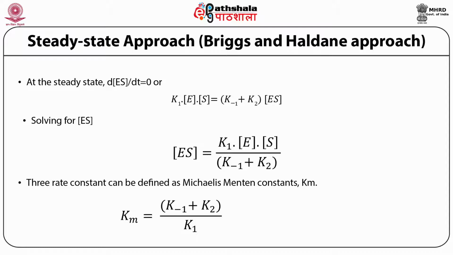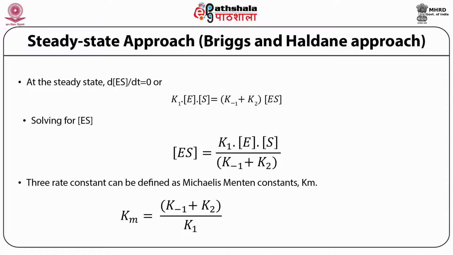because as per assumption K minus 1 is very much greater than K plus 2. But here in the steady state approach, we are saying that K plus 2 is more than K minus 1, but still we are taking K minus 1 and K plus 2 both. So why are we taking K minus 1 here but not taking K plus 2 in the equilibrium theory? The reason is, when you are saying we don't have any product formation in equilibrium theory, that means you can ignore K plus 2.